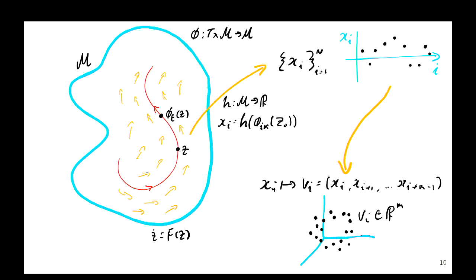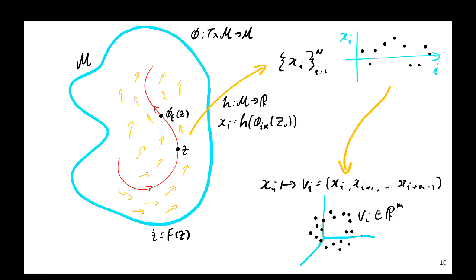But now what I do is I take, as I observe that φ_t(z) as it moves along this thing, and I measure it at different times. Right? That gives me, through this measurement function, a time series, a set of scalar numbers. That's what I'm drawing up here. Those are my measurements in time.